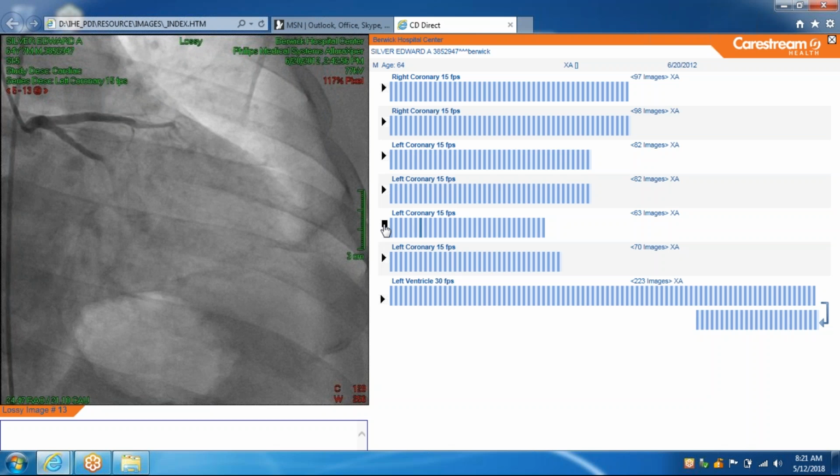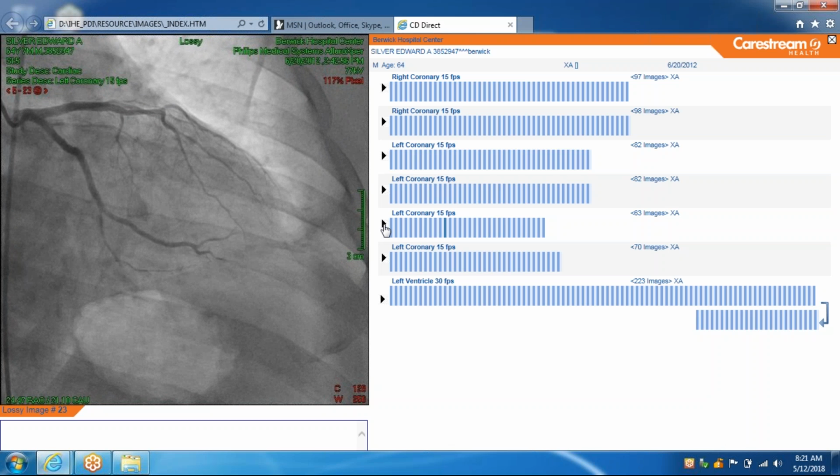Again, this is another view, and if you look here, you can see the coordinates. RAO 24 degrees, so it's on the right side. The camera is tilted 24 degrees on the right side, but it's caudal, it's towards the leg.